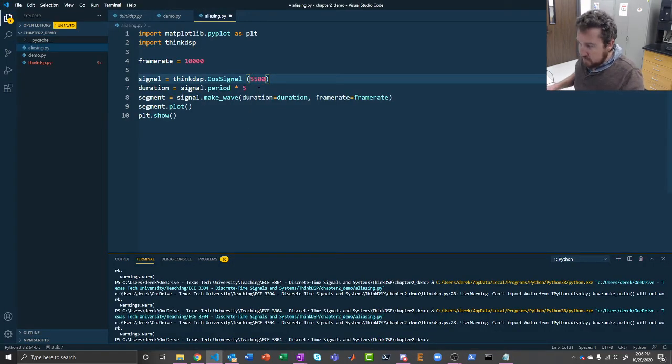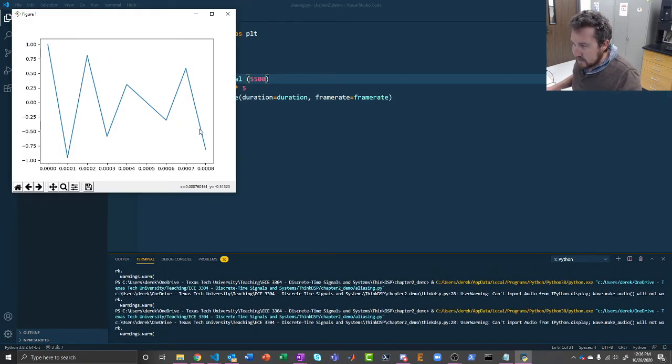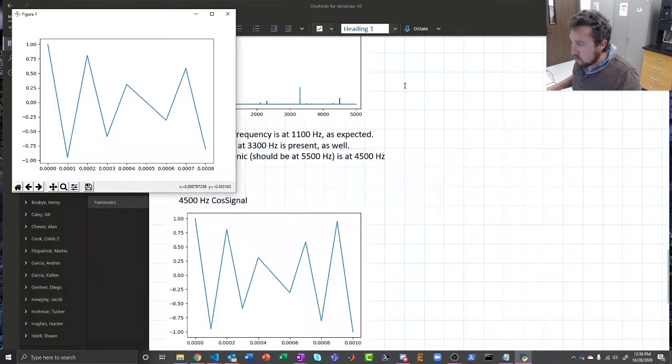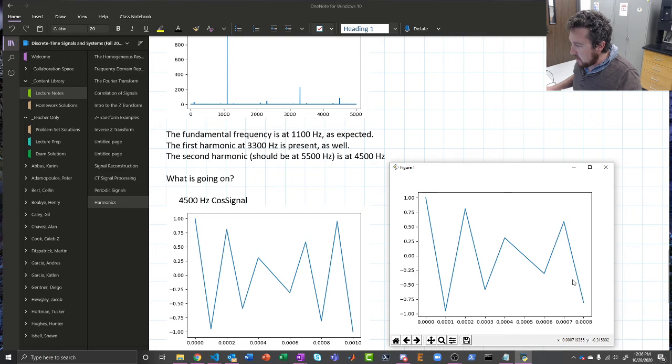And if we change it to 5500, it gets kind of chopped off, but if you look at the part up to 0.008, it's exactly the same, right? It's the same signal. So what that means is, as we move away from that center point, that 5,000 hertz, the signal looks the same in either direction.